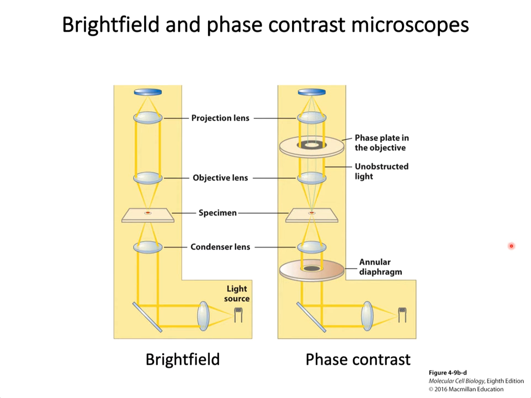If a specimen refracts or diffracts the light because of the refractive index of the material, the phase of some of the light wave is altered, which is shown by the green lines. And the light waves pass through the clear region of the phase plate. The refracted and unrefracted light is recombined at the image plane to form the image.